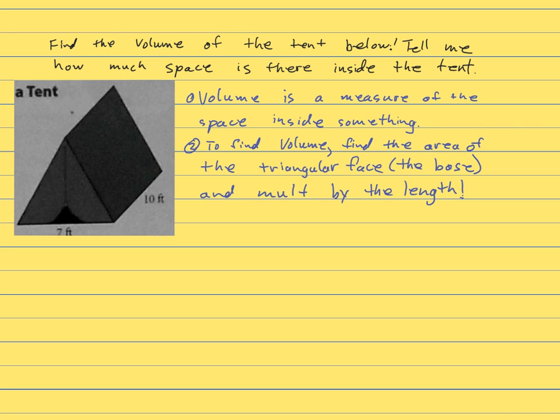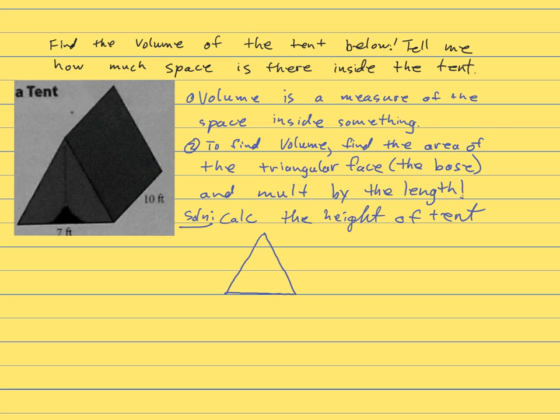So here's our biggest problem. We don't have the height of this triangle here. So what we need to do first is calculate the height of the tent. This is what our tent looks like in the front.